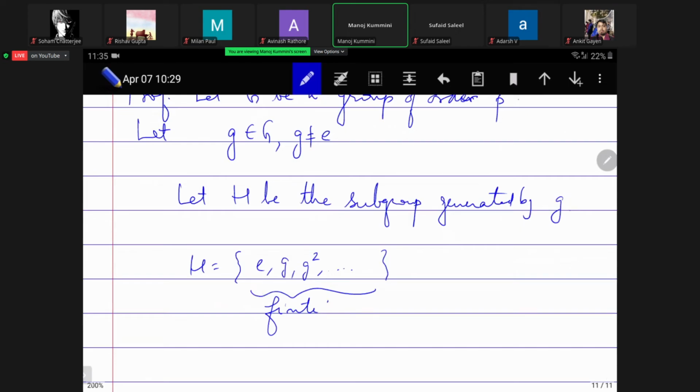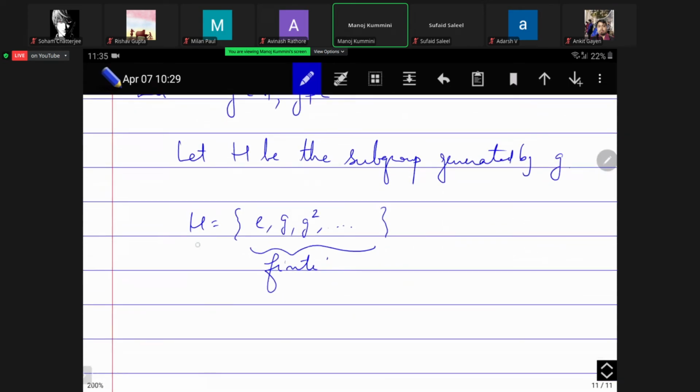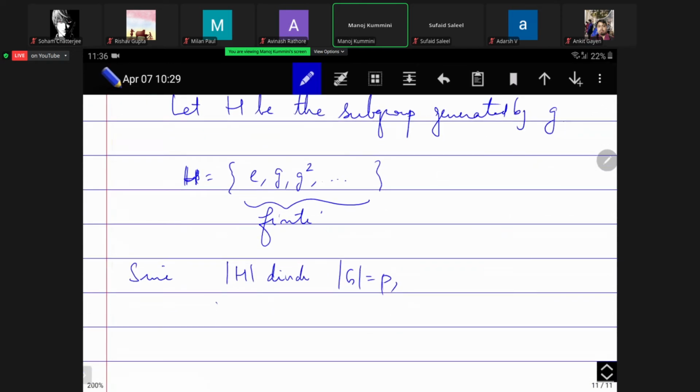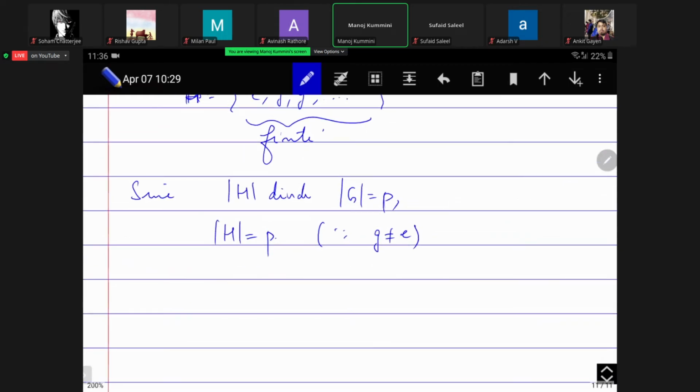Then we know that the cosets of H all have the same cardinality and they are disjoint. Since the order of H divides the order of G, which is a prime number, the order of H must be equal to P, because it cannot be 1, since H is not trivial.